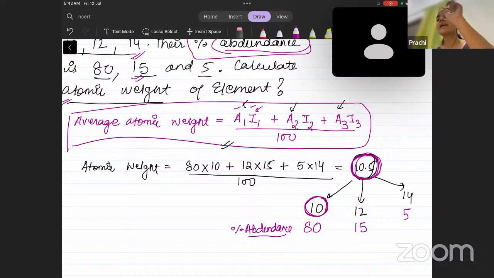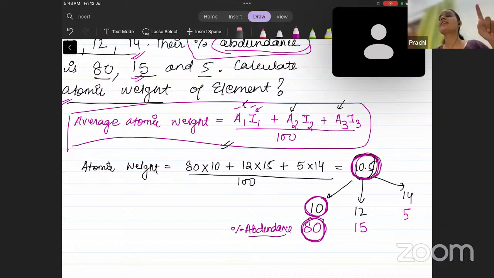Why is that? Because this is the one which is present in the maximum percentage. So if I take the average of all, then the mass will be towards the isotope which is present in the maximum abundance, right? That's what you see in the periodic table.